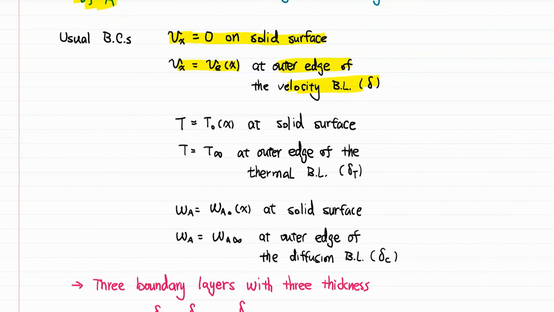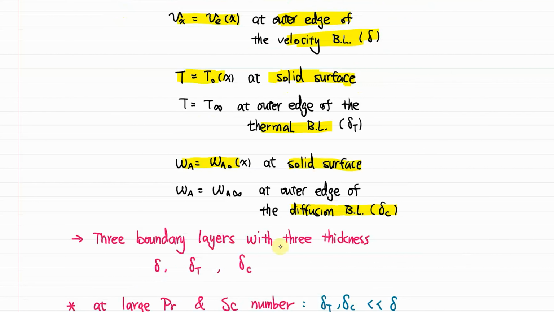That's the same for temperature and concentration of mass, where you have fixed conditions at the solid surface, and you have identical conditions to what's outside of the boundary layer at the thermal boundary layer interface or the diffusion boundary layer interface.